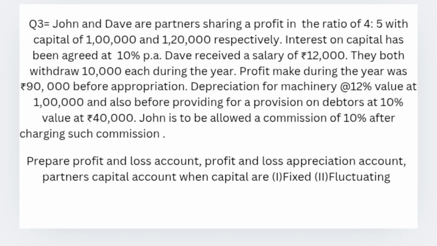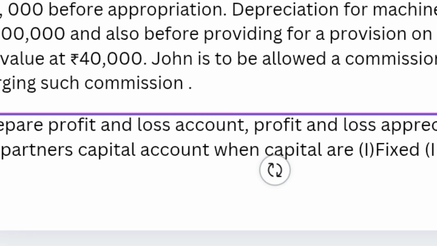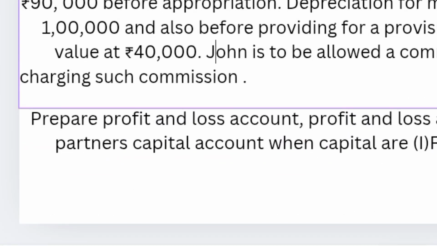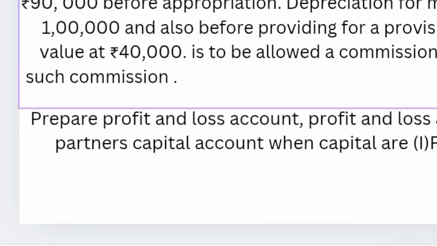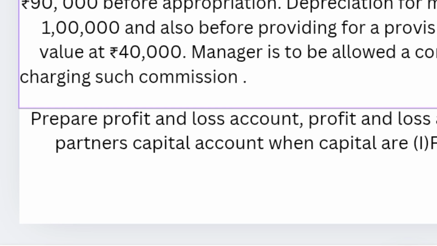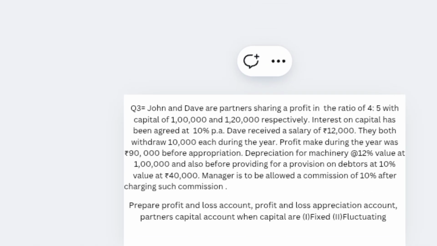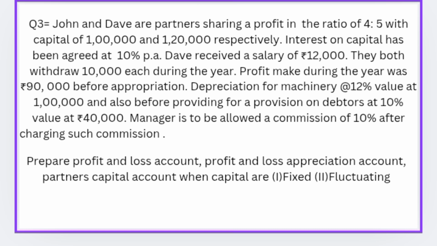Sorry guys, I have made a mistake here. It is not John's commission, it's manager's commission. So the next item will be manager's commission. Manager is to be allowed a commission of 10% after charging such commission.